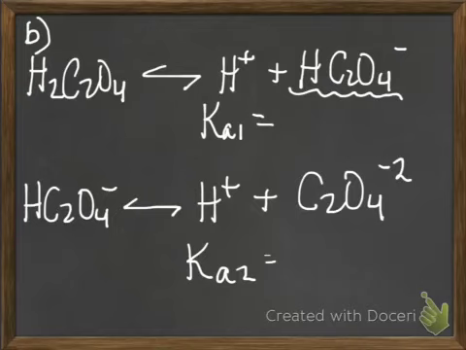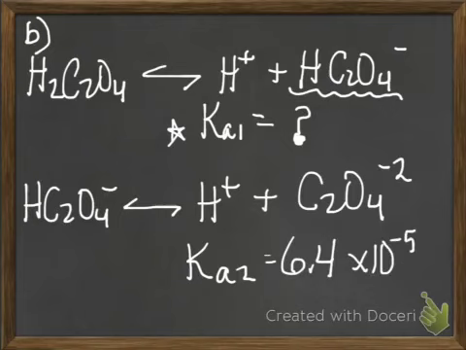The second part of Part B says calculate the value of the first dissociation constant, K1 or Ka1. We're looking for Ka1, if the second value is 6.4 times 10 to the negative 5th. So we know Ka2.